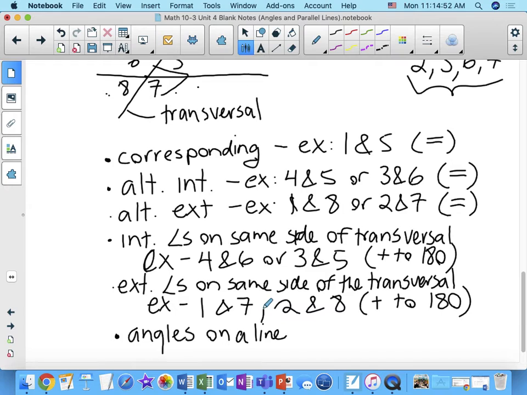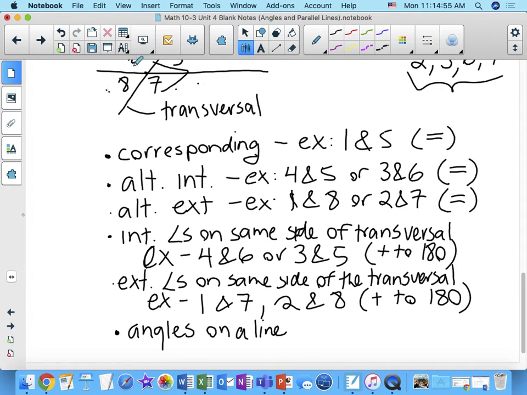And angles on a line, well, we could see it in the picture here, so I don't have to scroll up. That would be an example like 7 and 8, because they lie on a line together, right? So if they kind of make up a line. Okay. What do we know about angle 7 and 8 if they lie on a line? They add to 180, yeah.